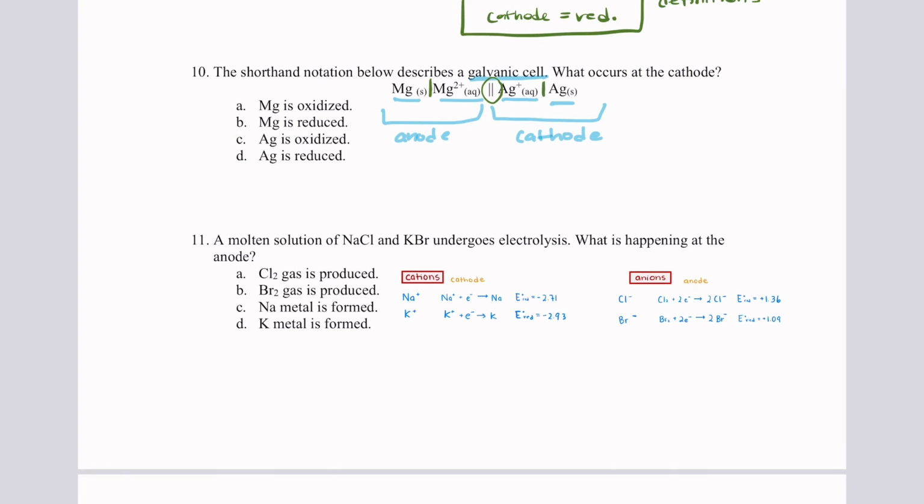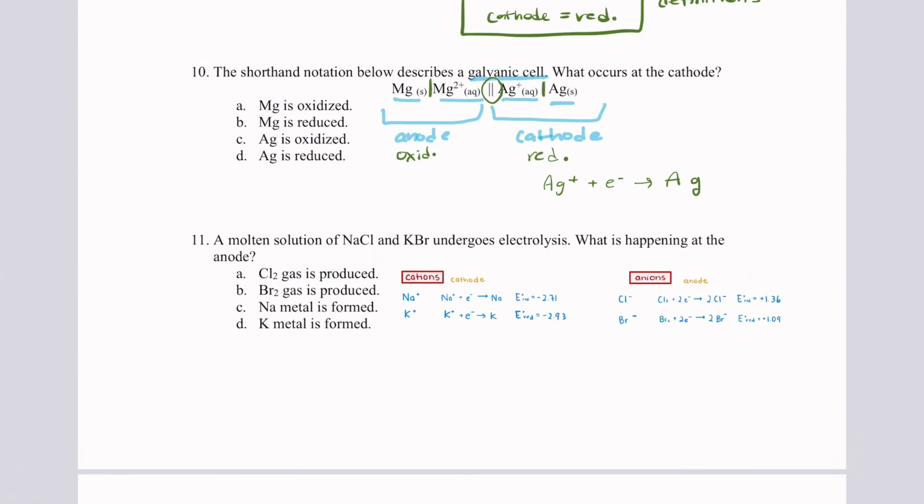Because the left side is the anode, oxidation takes place there. Magnesium metal loses electrons to become magnesium 2 plus. Because the right side is the cathode, reduction takes place there. Silver plus ions gain electrons to become silver metal.